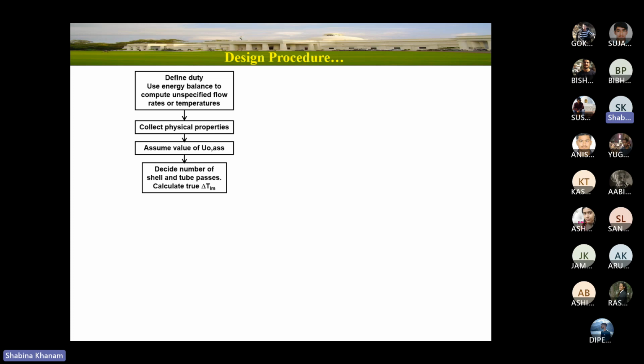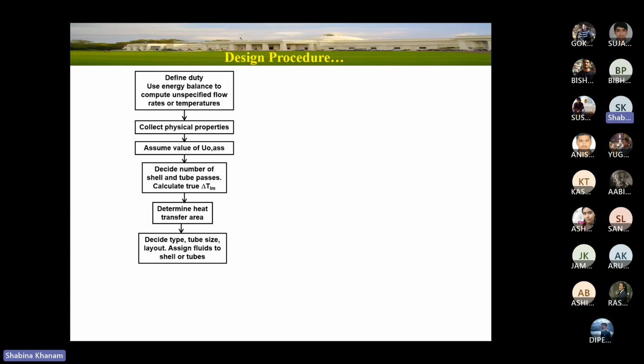FT value will give you true LMTD. Once you have this LMTD, this U naught, and the heat duty, you can find out the heat transfer area. Q is equal to U A delta T mean. From that you can calculate the heat transfer area, and once you have the heat transfer area, you can decide the type of heat exchanger, tube size, the length and diameter of the tube.